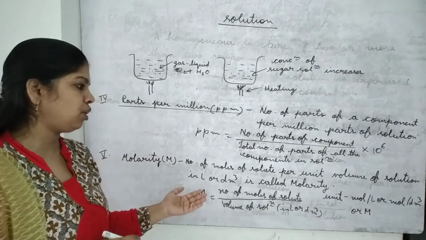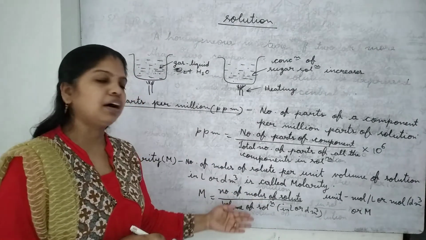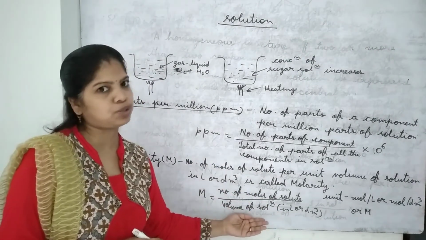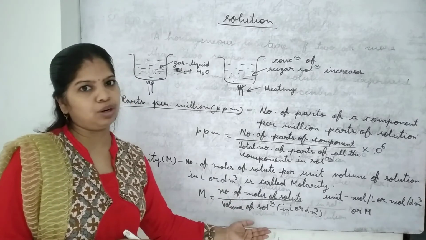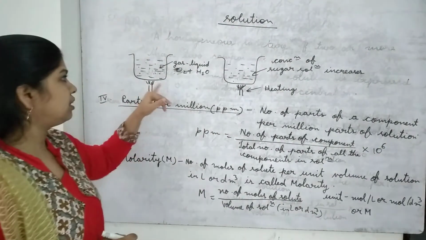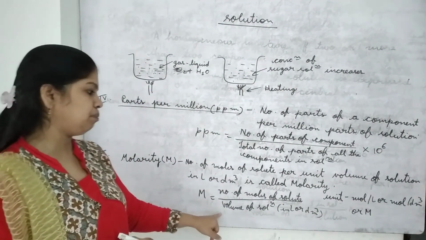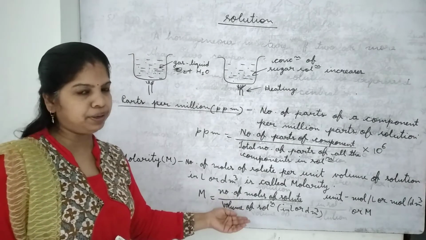So what will be observed? Number of moles of solute particle in comparison to volume of solution will be less. So in this case, by increasing temperature, what will happen?